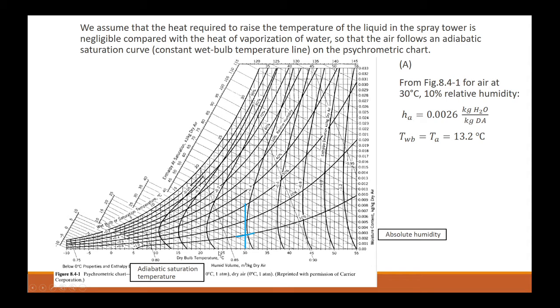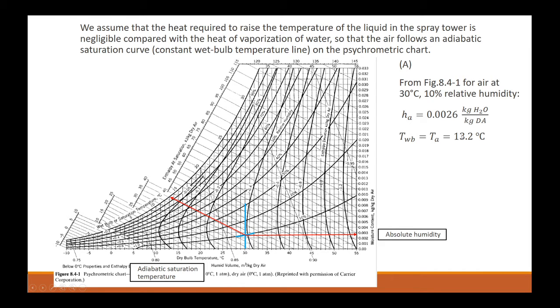And from there, we want to figure out what is the absolute humidity. So we basically draw a horizontal line over. Absolute humidity means the moisture content. So this is about 0.0026 kilo of H2O per kilo of dry air.